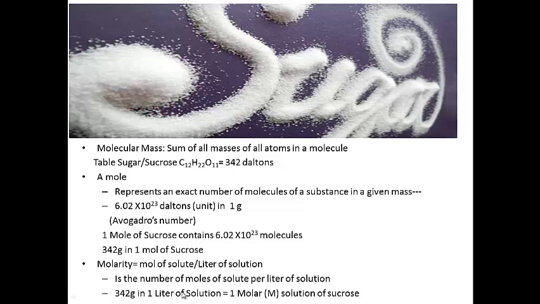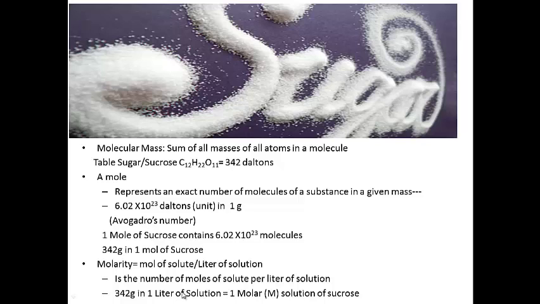So they're actually talking about Avogadro's number. 1 mole of sucrose contains 6.02 times 10 to the 23 molecules. So if I ask you how many molecules are in a mole of sucrose, you should be able to tell me 6.02 times 10 to the 23 molecules, right?